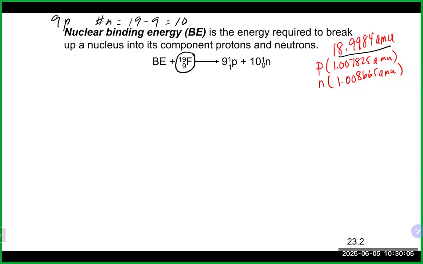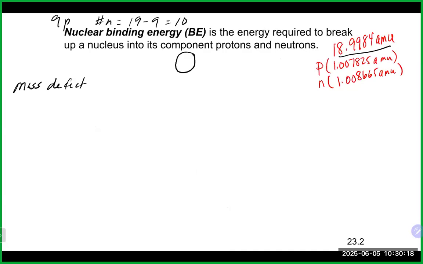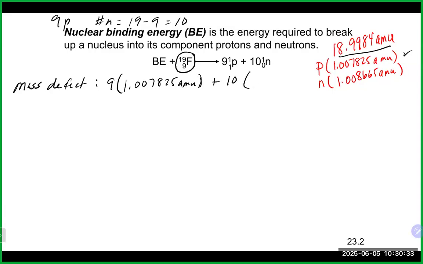So we could calculate the mass defect, which is that difference in mass between the nucleus and the actual isotope. We could calculate that by taking the 9 protons and multiplying by the atomic mass of a proton, 1.007825 AMU. We add that to our 10 neutrons, which are in the nucleus, times the atomic mass of a neutron, 1.008665 AMU.